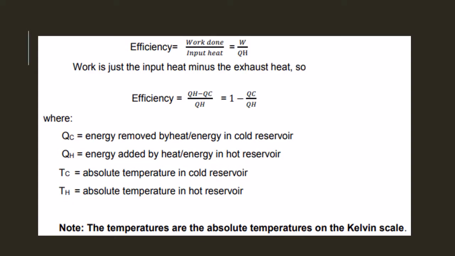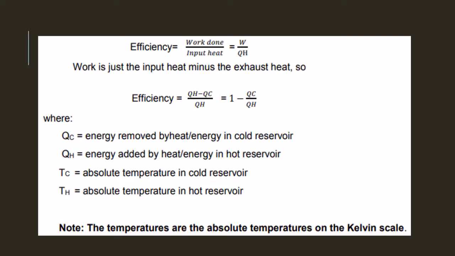Efficiency equals work done over input heat, equals W over QH. Work is just the input heat minus the exhaust heat, so efficiency is equal to QH minus QC over QH, equals 1 minus QC over QH, where QC is the energy removed by heat, or energy in the cold reservoir.